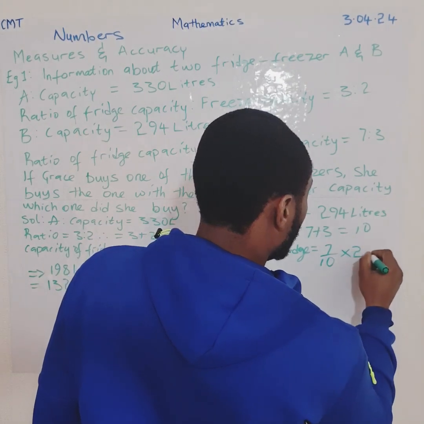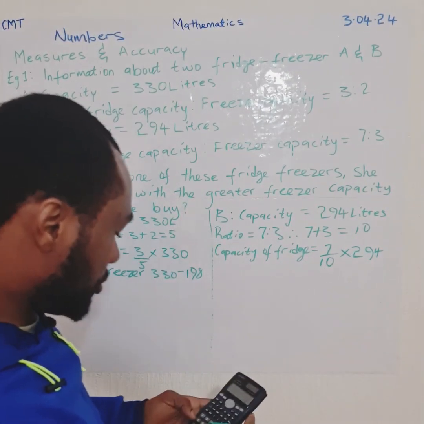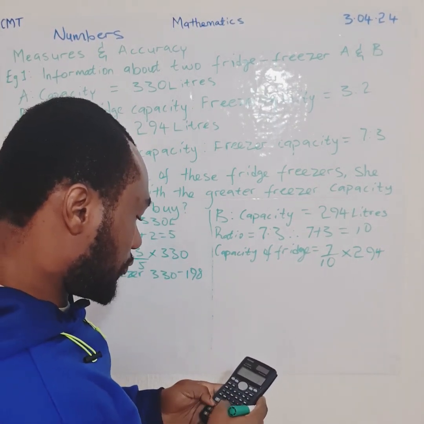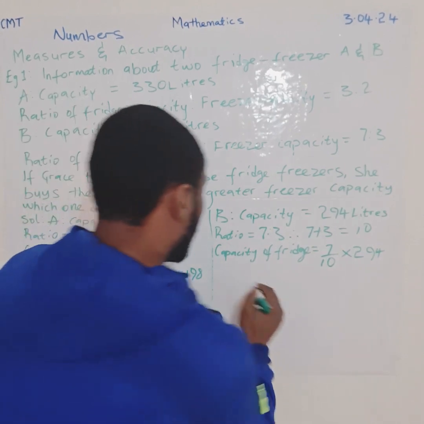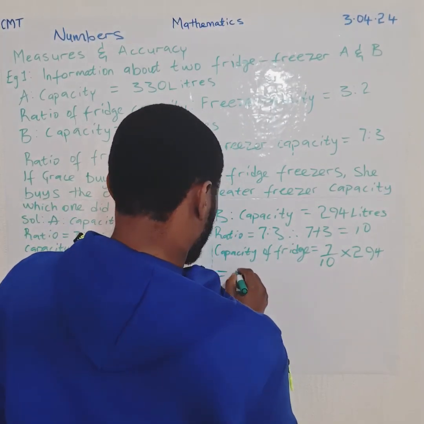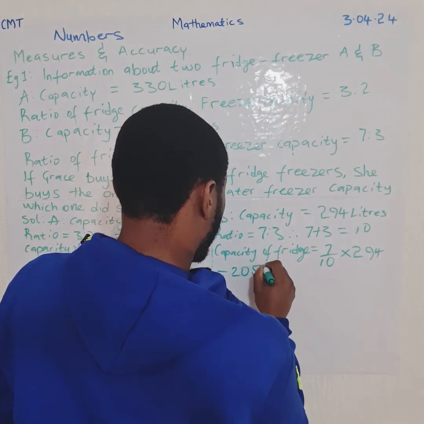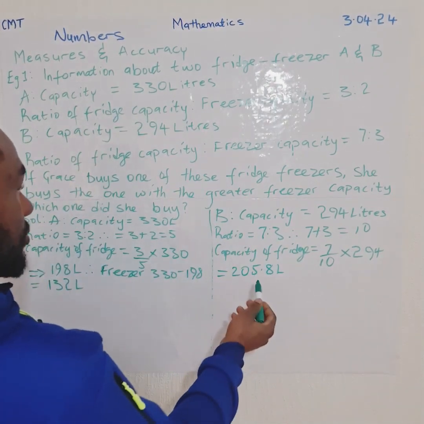294. Let's quickly do this computation. 7 all over 10 multiplied by 294 will be equal to 205.8 liters. That is the capacity of the fridge.